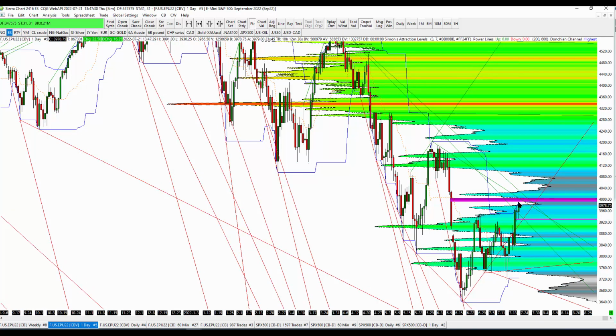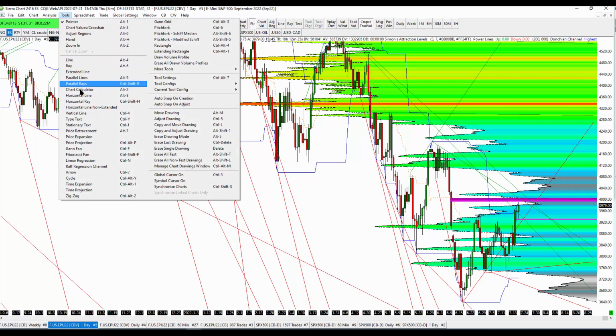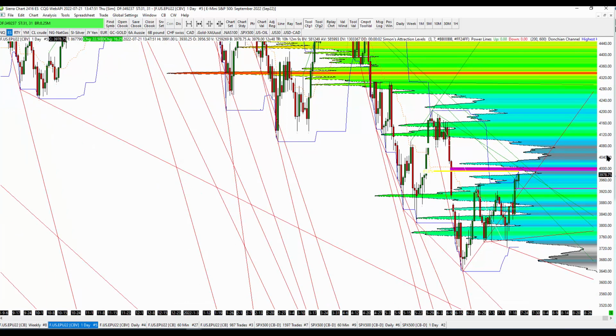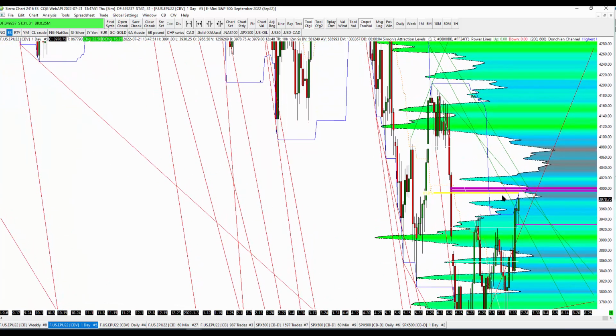So if I put the Fibonacci price retracement on it, of course it's white, so it will not show up clearly against the gray background. But here's the 68%. I made it yellow so you can see it clearly. See how the yellow 68% is showing up, and it's touching almost here.